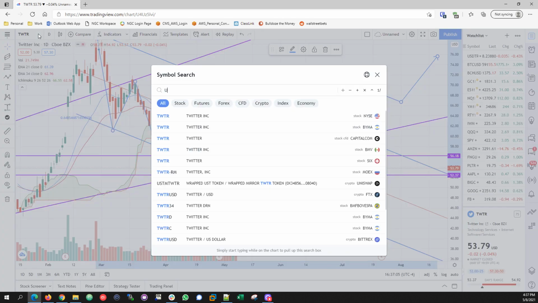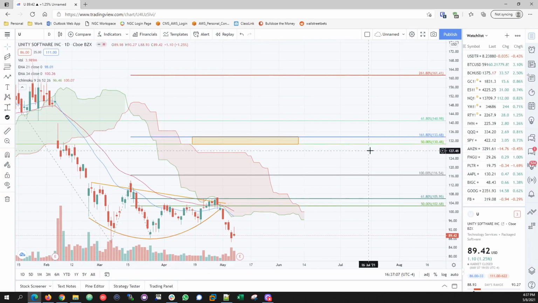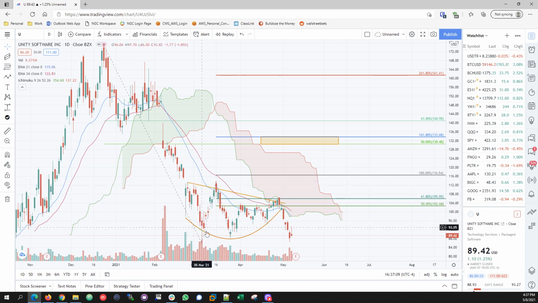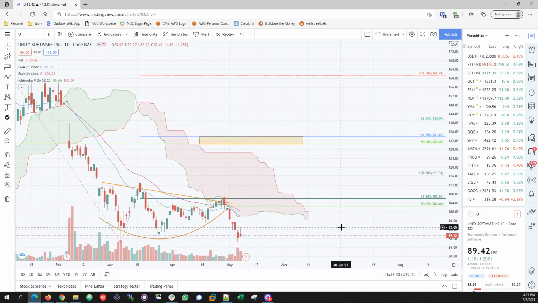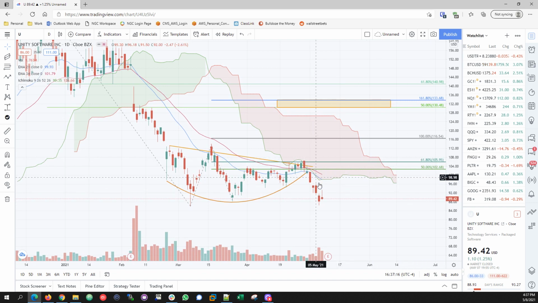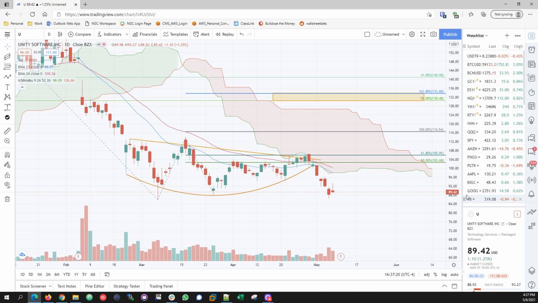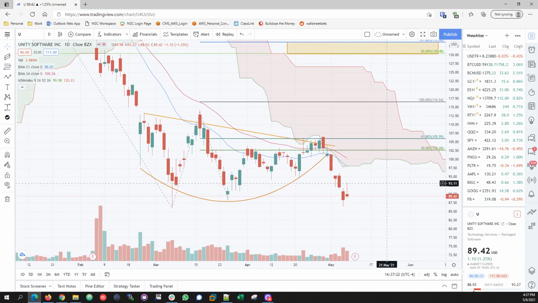Next up is Unity. Before, I said I loved it, it was an opportunity, and the 61.8 was a big resistance, and it just dropped down and killed it. So when I go for these swings, always remember, when you have a very short term target, like 2 weeks, 1 week, maybe 3 days, you need to have a stop loss.